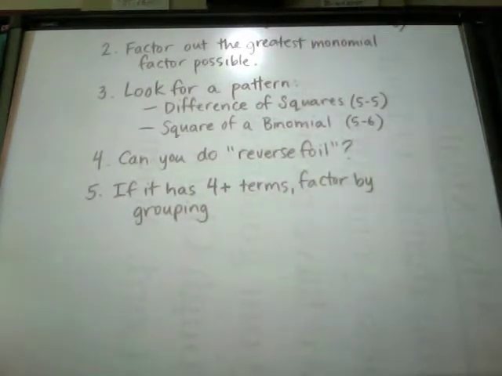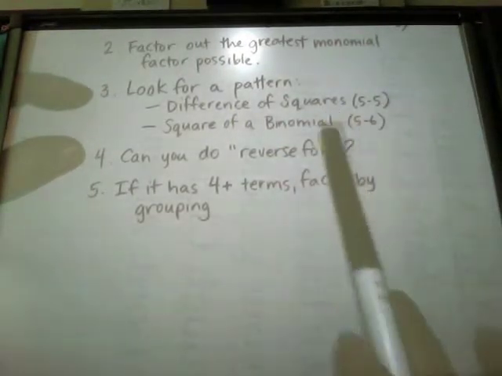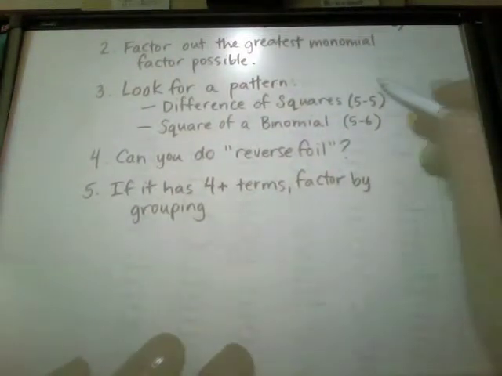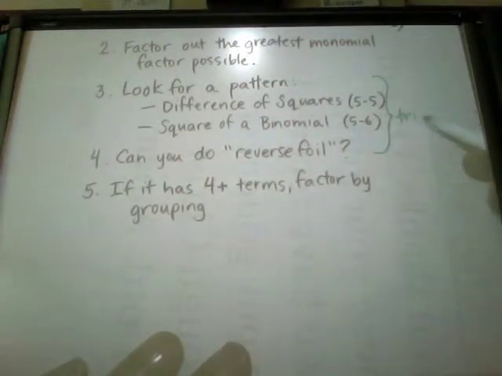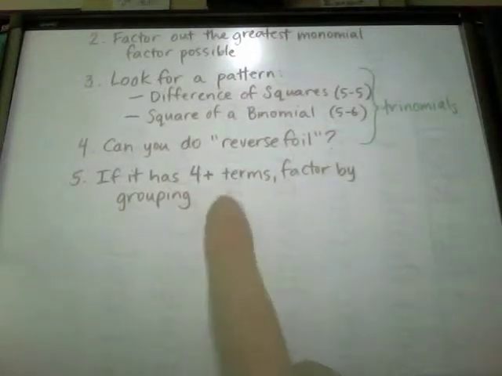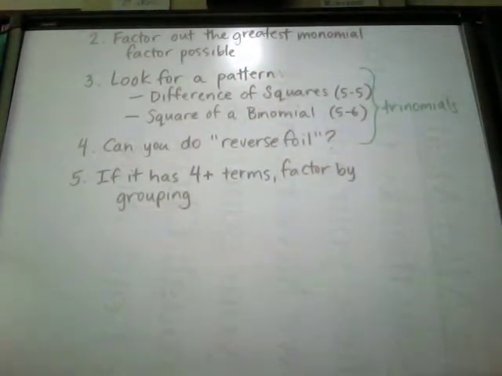Now, if you're doing step 5, because it has 4 or more terms, then you probably skipped 3 and 4. These are all about trinomials, right? These 2 patterns and reverse FOIL, that's for a trinomial. So if you want to put a little note off to the side that this is for trinomials. If you don't have a trinomial, you have 4 or more, then you'd skip those steps because these are only for trinomials and you'd come down to factoring by grouping.